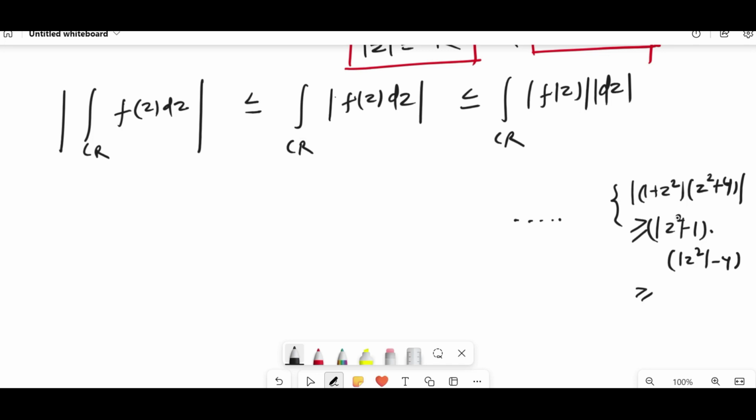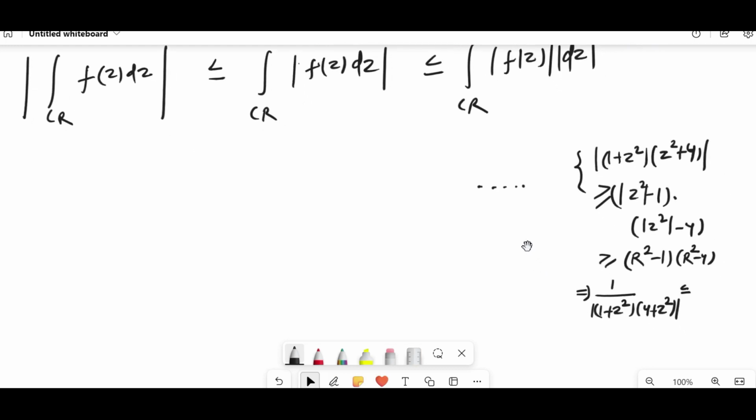So this value is equal to R square minus 1 and R square minus 4. So we can say that 1 upon mod of 1 plus z square multiplied by 4 plus z square is less than or equal to 1 upon R square minus 1 and R square minus 4.